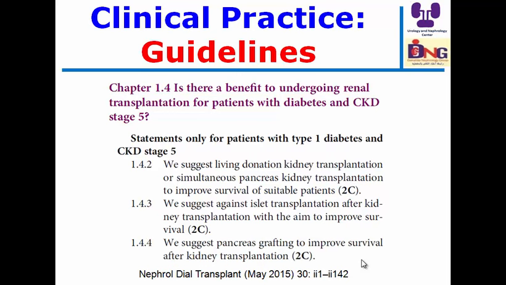And again, they suggest pancreas after kidney if you proceed with living donor transplantation, and you can list the patient for a pancreas. Why? Because it improves the metabolic profile of the patient and prevents the development of hypoglycemic unawareness. Again, pancreatic transplantation is not an easy task and needs good health to proceed.